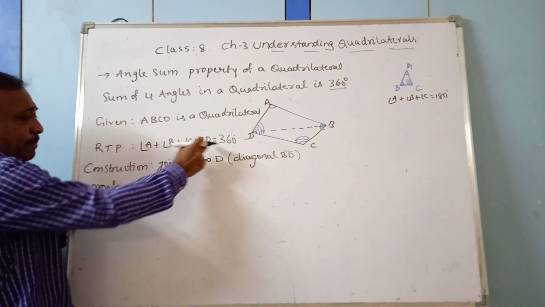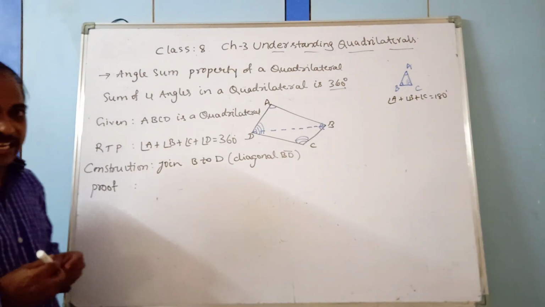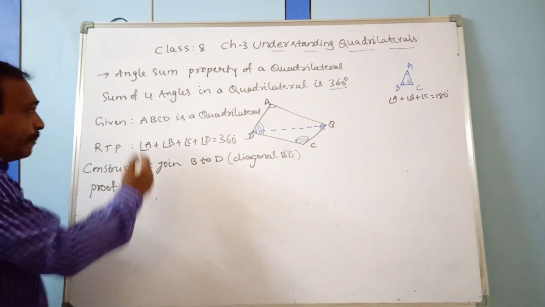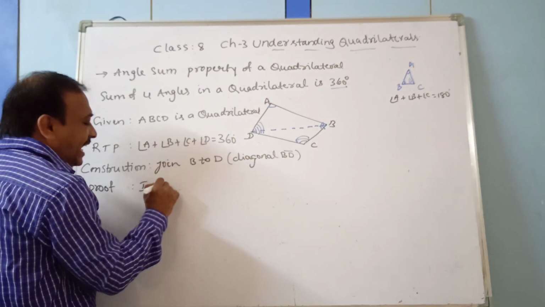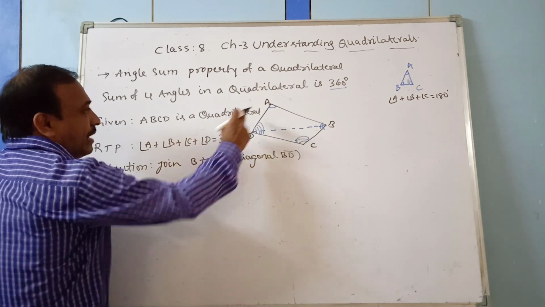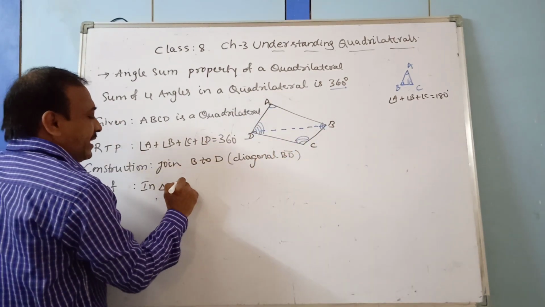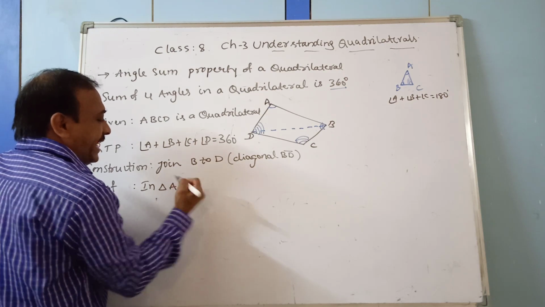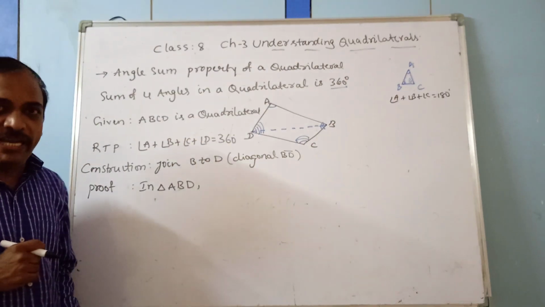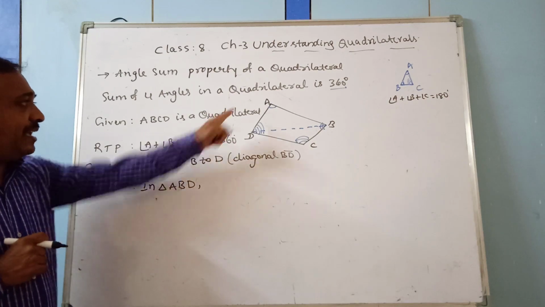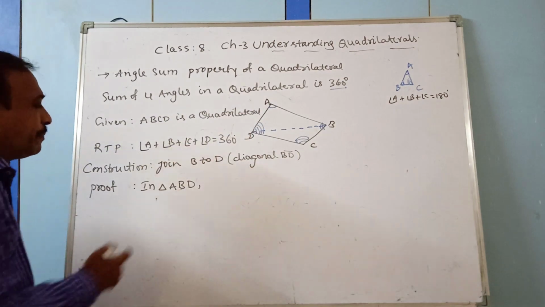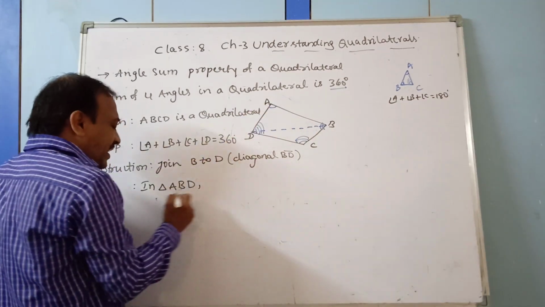Okay. Now proof. What do we have to prove actually? We have to prove angle A plus B plus C plus D is equal to 360 degrees. So now in triangle ABD, are you following? In triangle ABD, the sum of the three angles: what is the first angle?